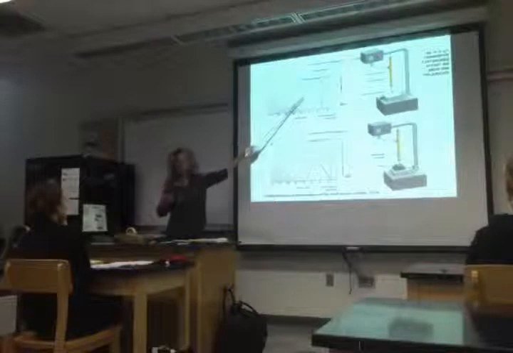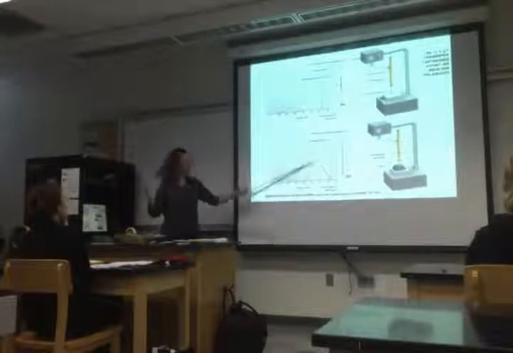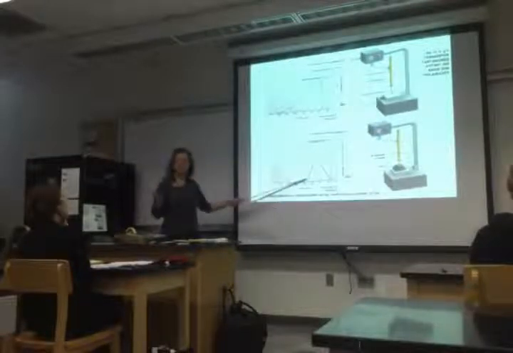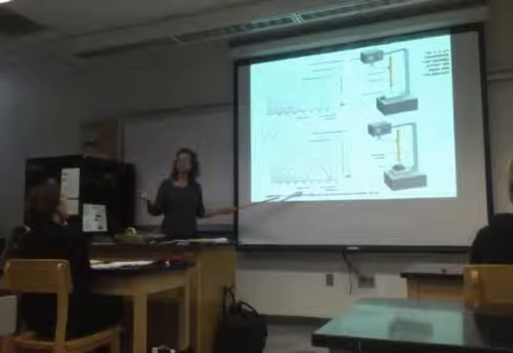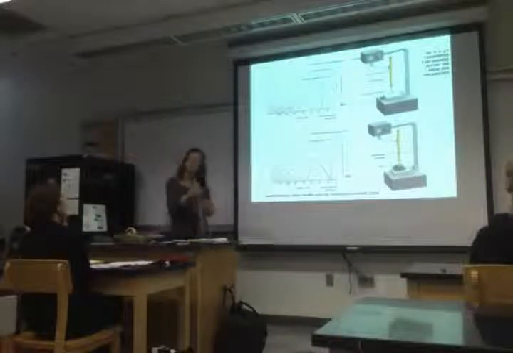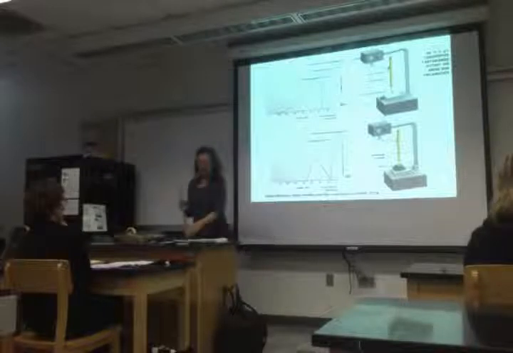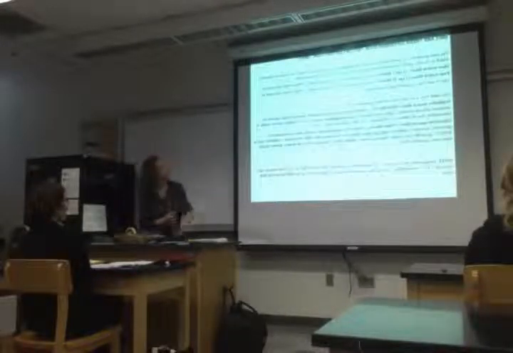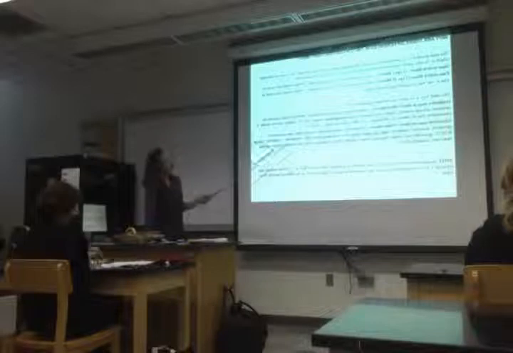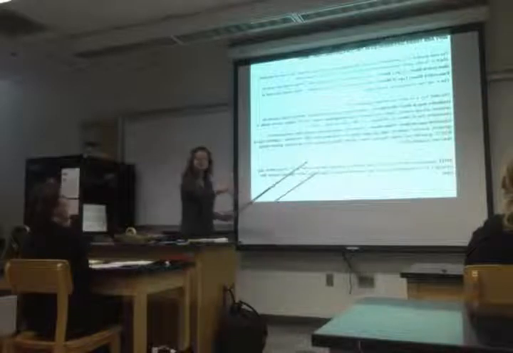And then as the tension decreases, the muscle goes back to its original length. All right, so these are just ways of looking at the stuff that we know can happen in graph format.